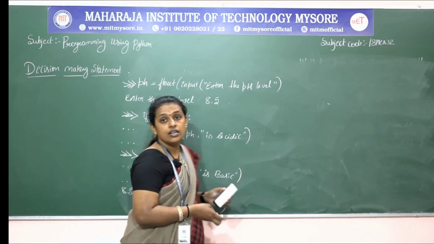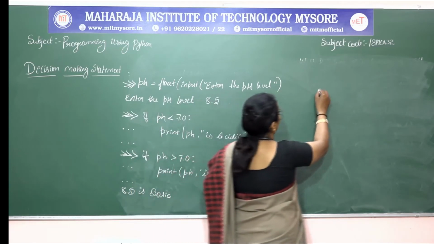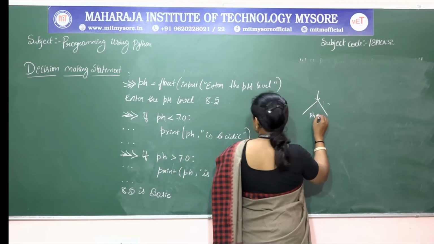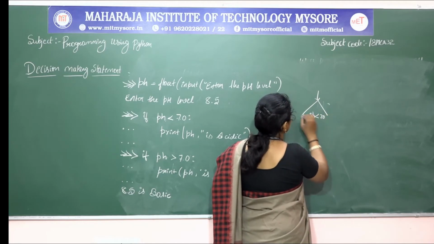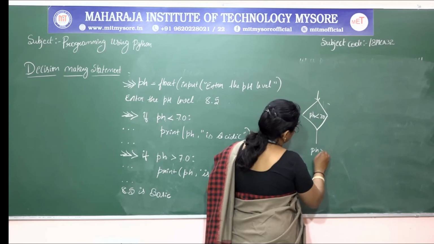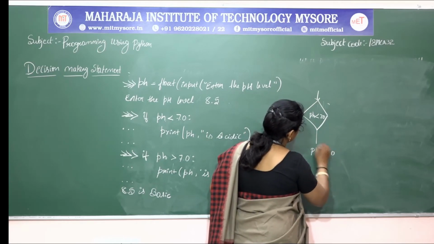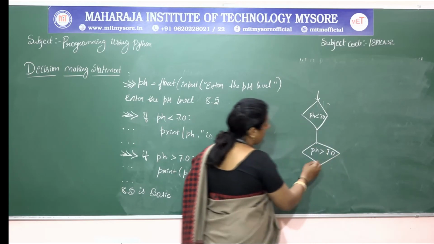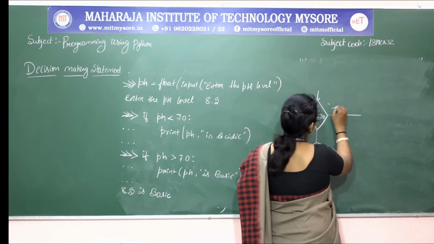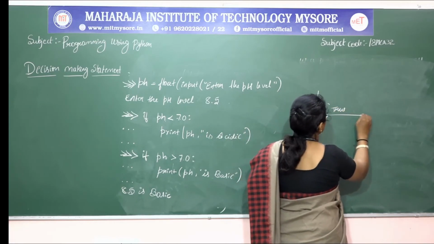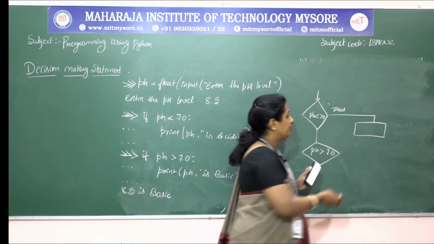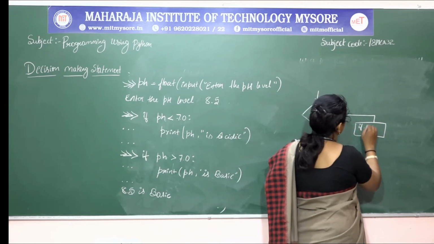So let's write the flowchart for this. pH is less than 7.0, pH is greater than 7.0. With respect to less than 7.0 being true, it is going to print it is acidic, meaning the if block will be executed.